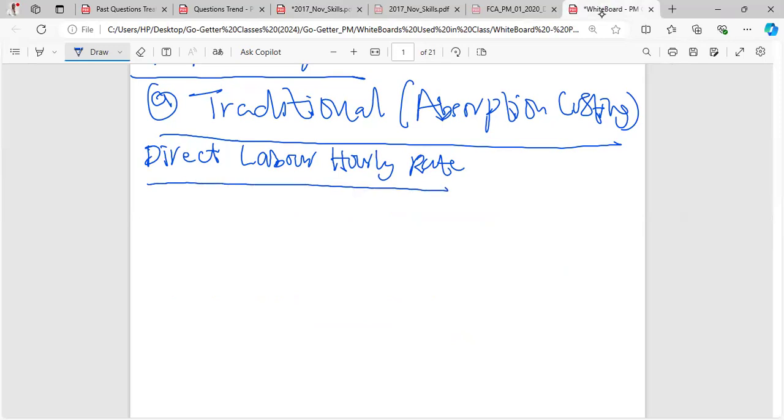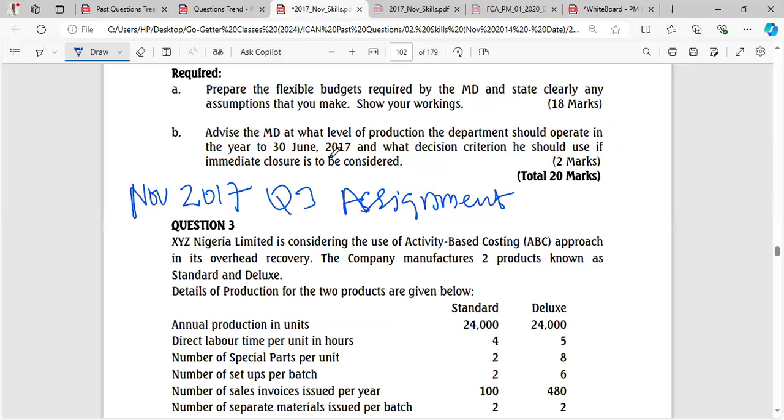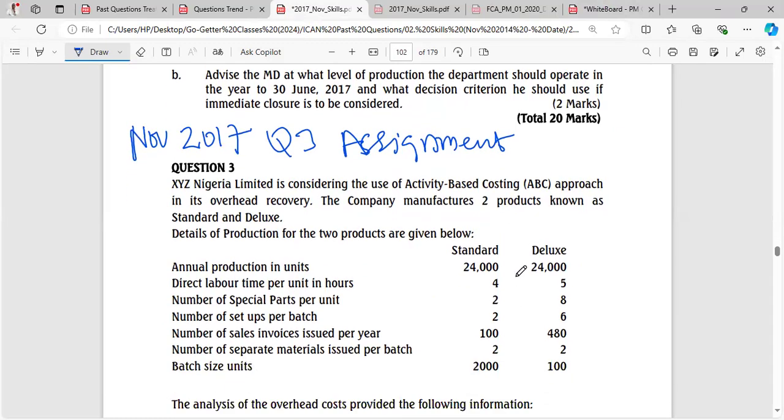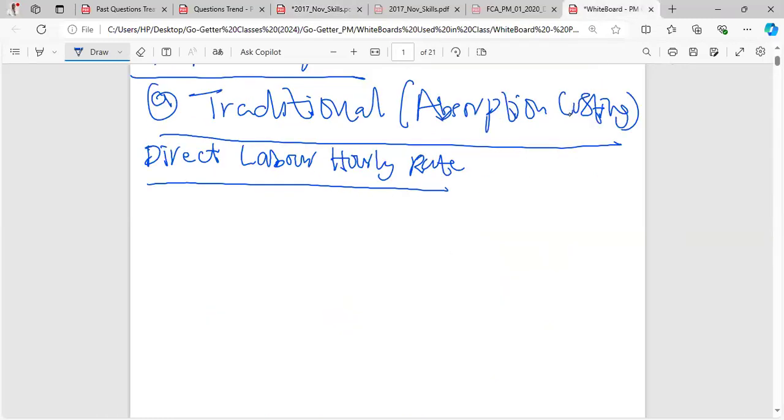All right, so what do we do now? We'll bring the two products here, standard and deluxe. So we'll bring them and set them up here, standard and deluxe. These are the names of the products.